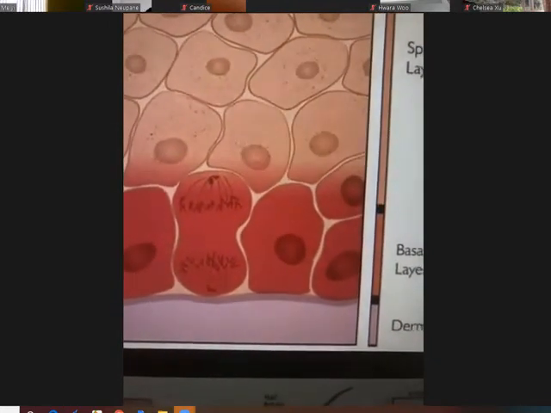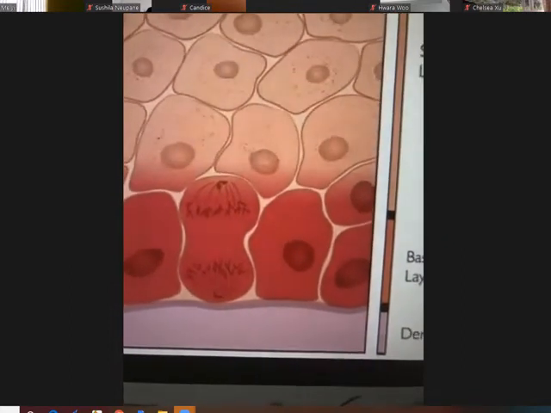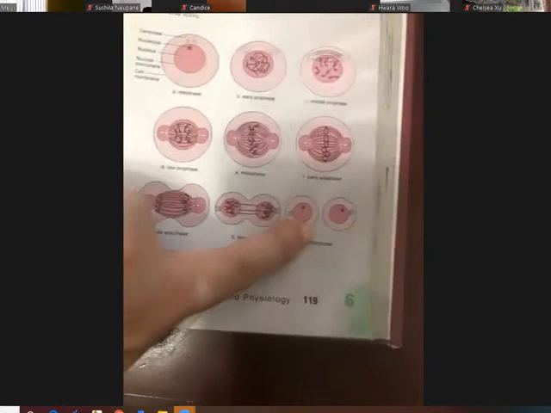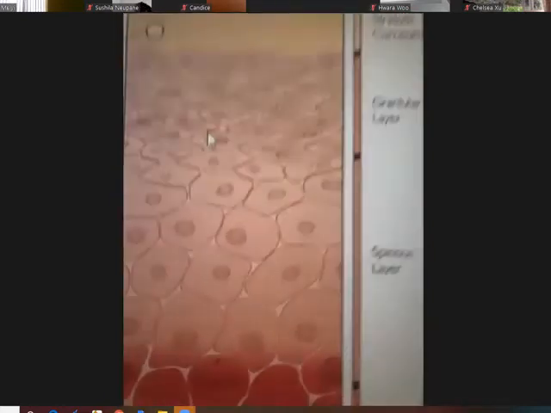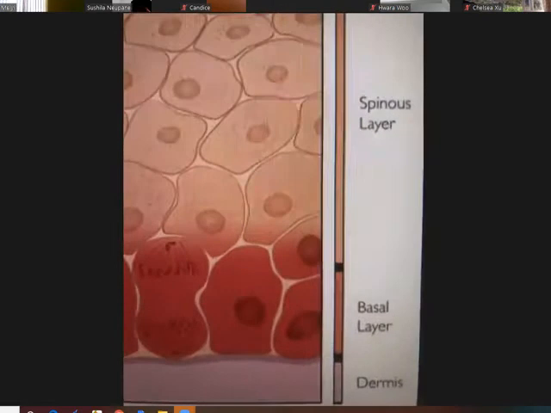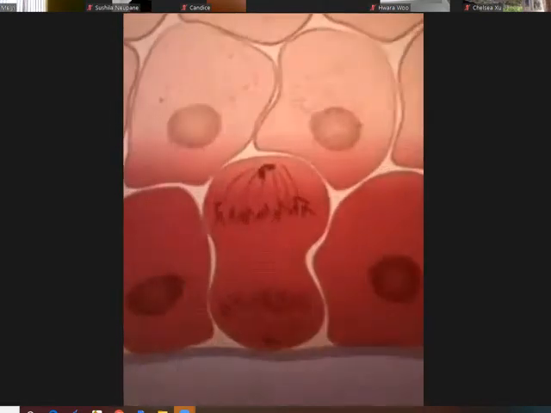You still remember in chapter 6, mitosis, where one cell becomes 2 cells? It happens here in the basal layer. You can see here one cell becomes 2 cells, it's splitting like this.